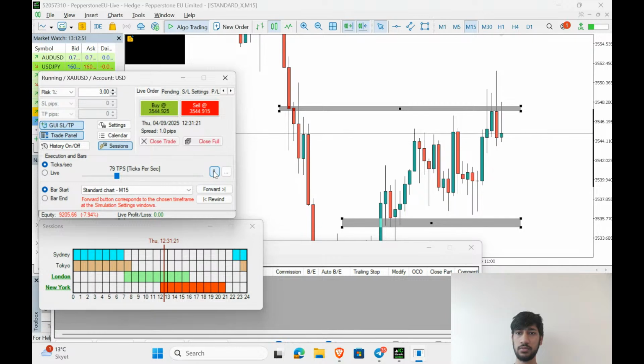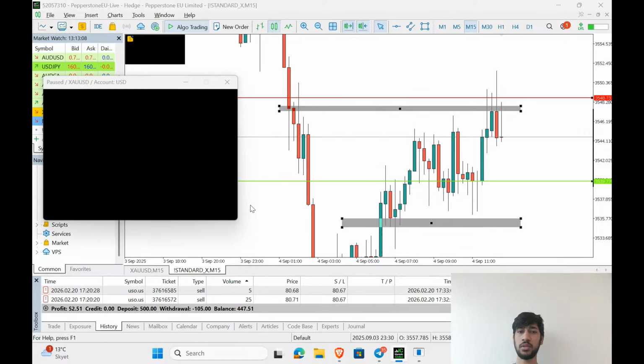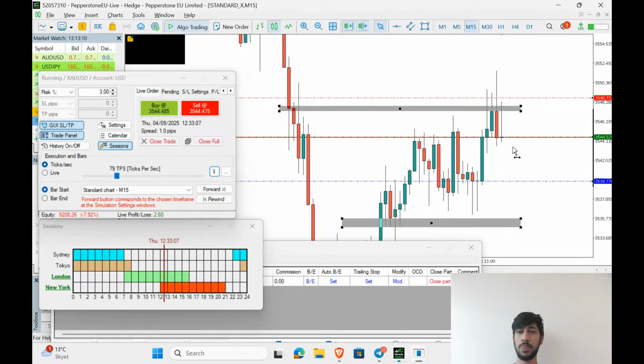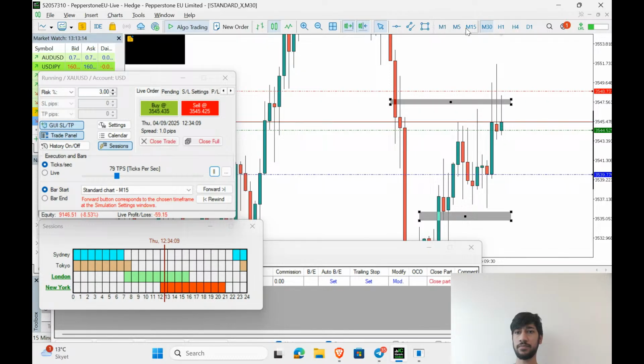If it breaks its own low again, right there. Stop loss, take profit, 1 to 1. As this 30-minute is bearish, right?